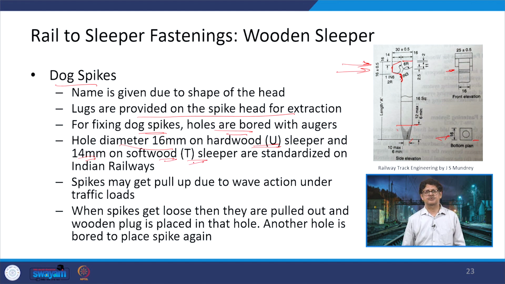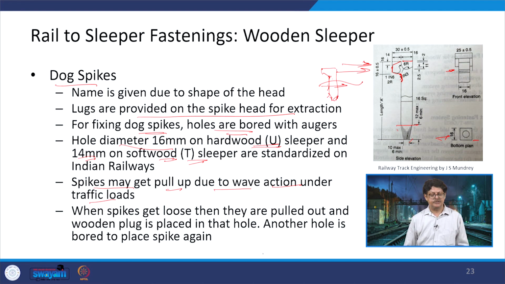The treatment has to be done for those wooden sleepers, and these are the standardized practices used on Indian Railways whenever wooden sleepers are used. Now spikes may get pulled up due to the wave action under the traffic load. Whenever this wave action is there and the train is moving, there is a possibility that at a particular point the spike will come out a bit.